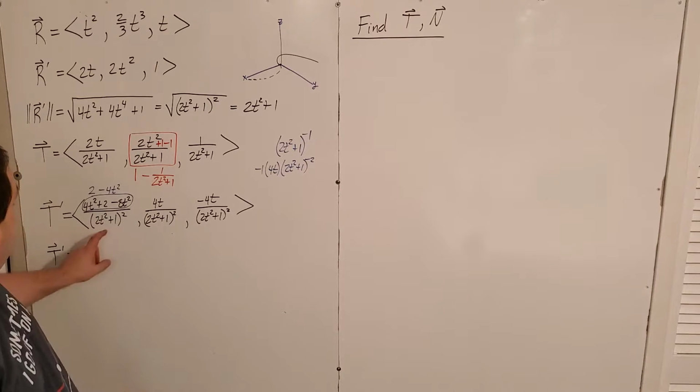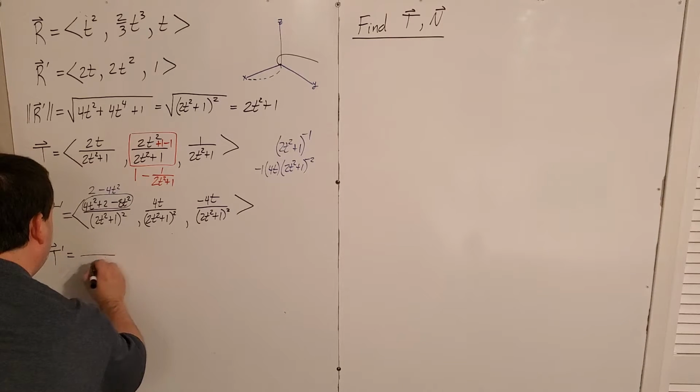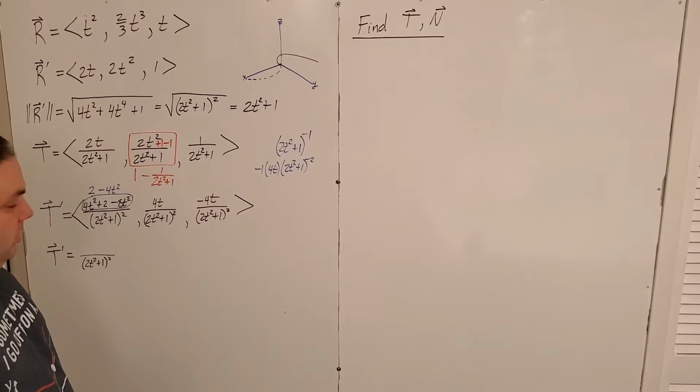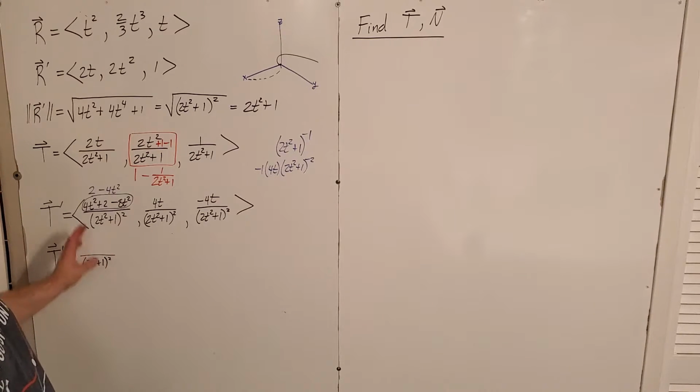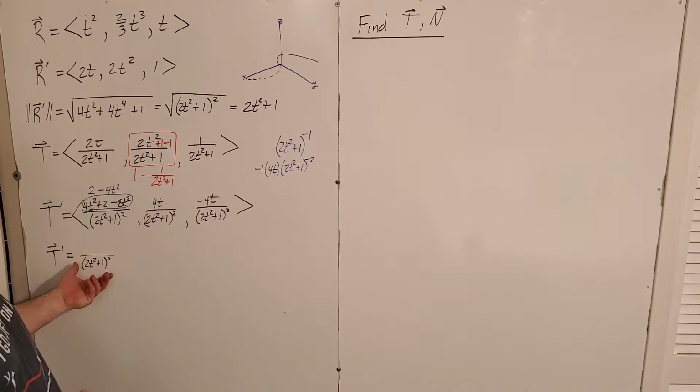Okay, so here's what I notice. All of the pieces have the same denominator. I can factor that out: 2t squared plus 1 squared. Yeah, it's got a variable, but it's okay to factor that out because it's constant for all of them. No matter what value of t, it's the same for all of them. So I can basically call that a scalar, just something with a variable in it.